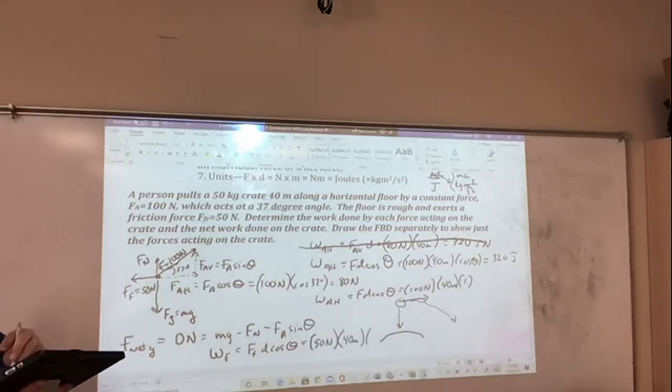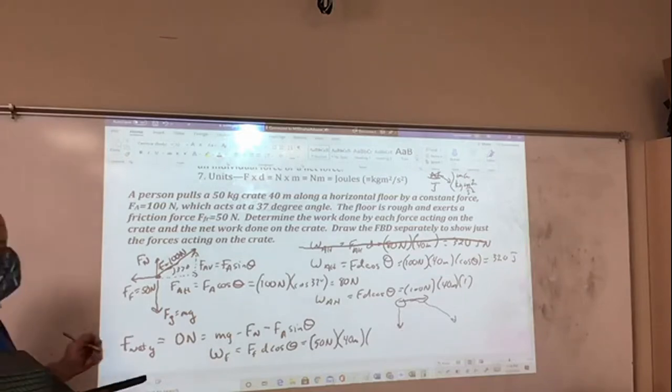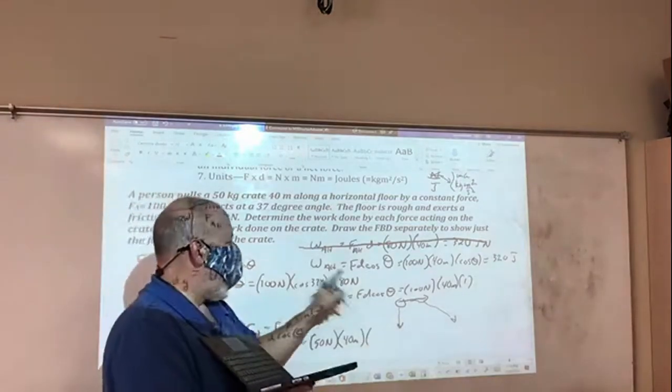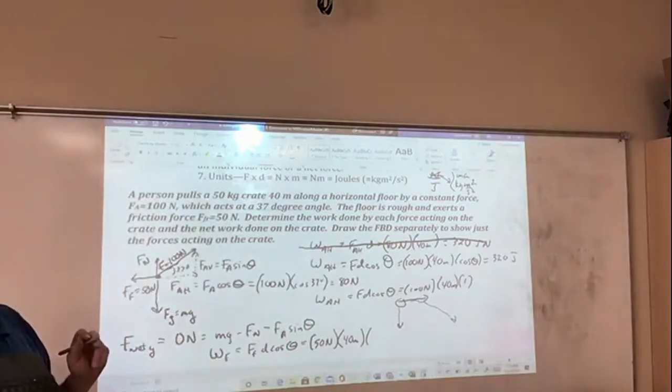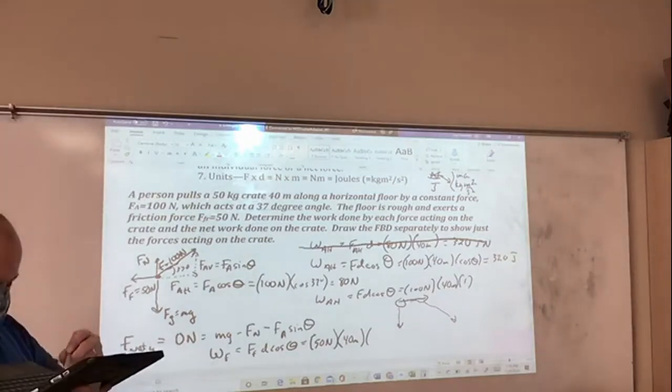But what is the angle of the force of friction compared to the direction of motion? It's 180 degrees. What's the cosine of 180 degrees? Negative 1.